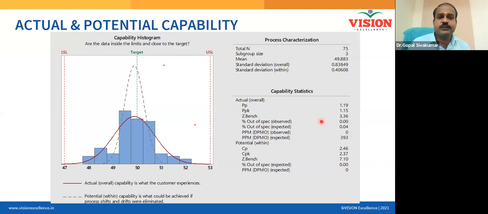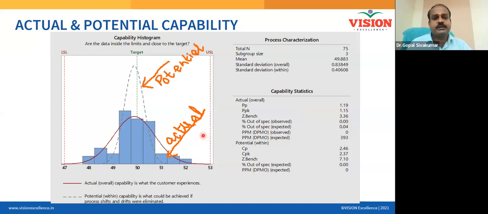But producing 5 million pieces or 5,000 pieces, 50,000 pieces, it may be a long-term requirement. And now that may demand a higher Pp and Ppk. All right. So this is the actual performance indicated by the red curve, but this is the potential performance or short-term performance, Cp Cpk.